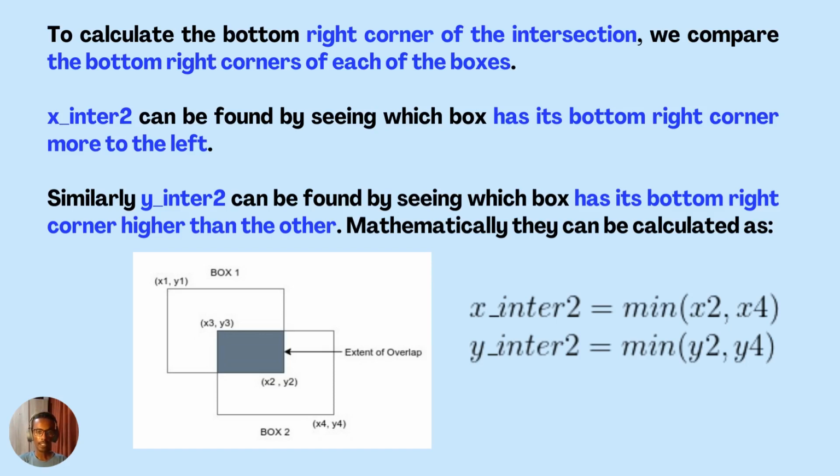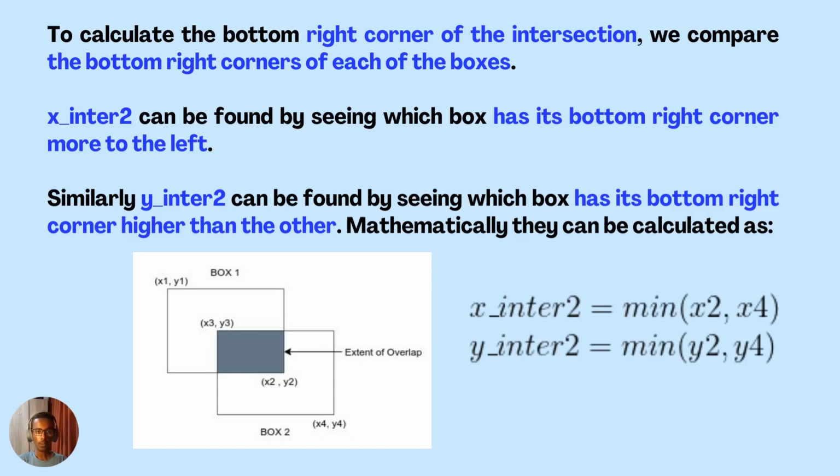So when we compare the x coordinates, for example x2 and x4, x2 is located a little bit to the left of x4, so it's the minimum point. So we're considering the minimum point for the bottom right corners, and we're considering the maximum point when we're considering the top left corner of the intersection region.